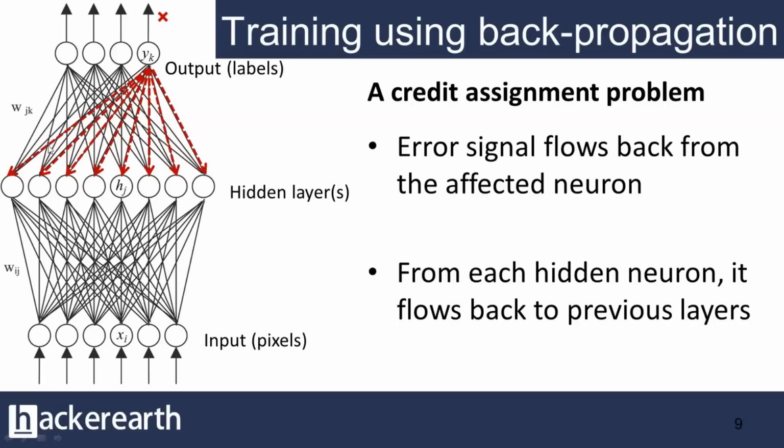So the error is coming from all these other paths, all the connections of these lines and these lines. So a lot of the error is distributed among so many different weights that we don't know how to do this. I mean, we know, but it becomes a very small signal to effectively train or effectively change these weights.